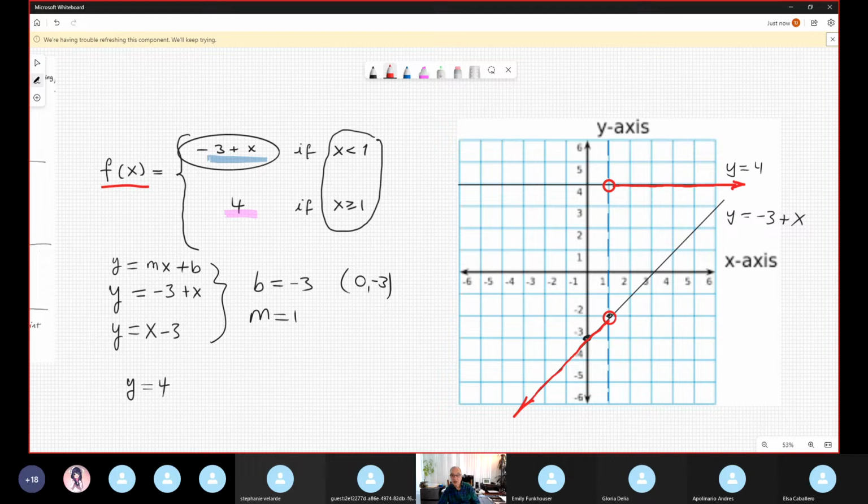Okay, so now my red color is the only information I need to present in the test. The rest is okay. You can erase it or not, it's not important. Now, the important thing is what is closed and what is open. What circle is closed, what circle is open.